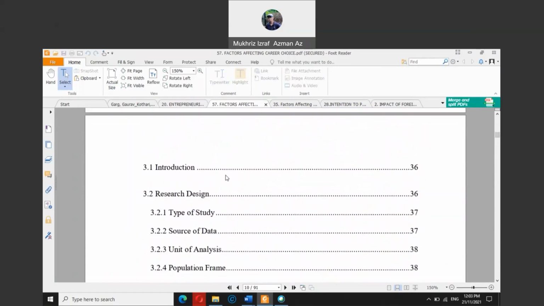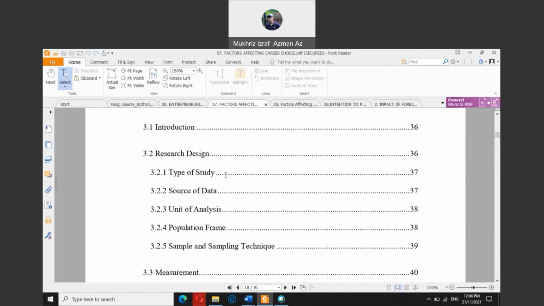So basically, if you compare 8, 9, 10 theses using primary data, you will find that most of the time the structure will be more or less similar. Research design consists of the type of study we just discussed, quantitative and also qualitative.